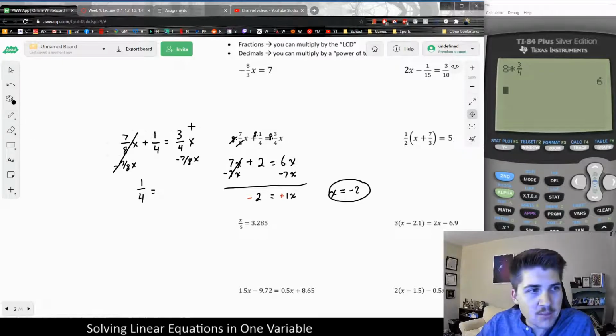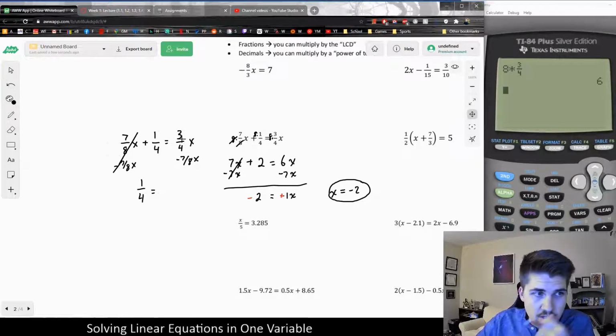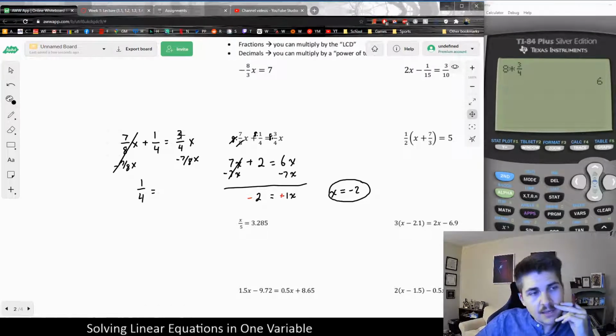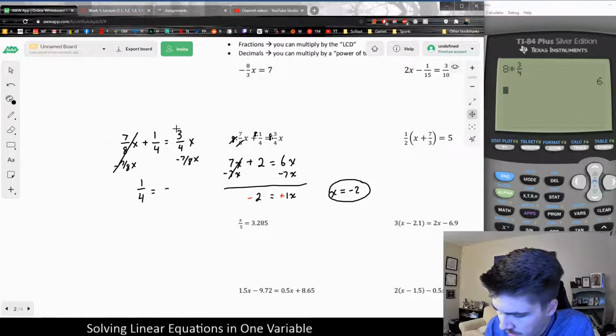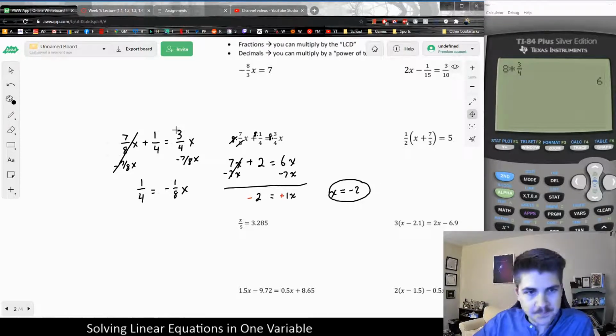And then what I would have is 3/4 x minus 7/8 x. Combine like terms because they're both x's, so I would subtract the coefficients, 3/4 minus 7/8. To subtract 7/8, I need a common denominator, which would be 8. So multiply this by 2, that would leave me with 6/8 minus 7/8, which would be -1/8 x.